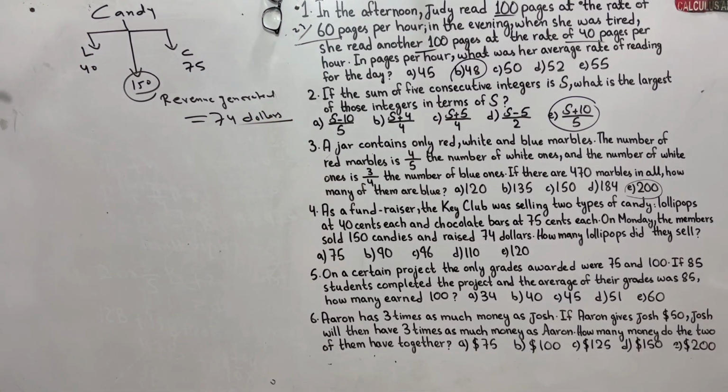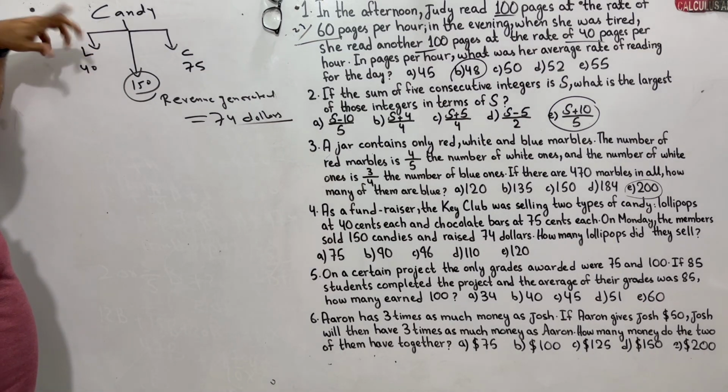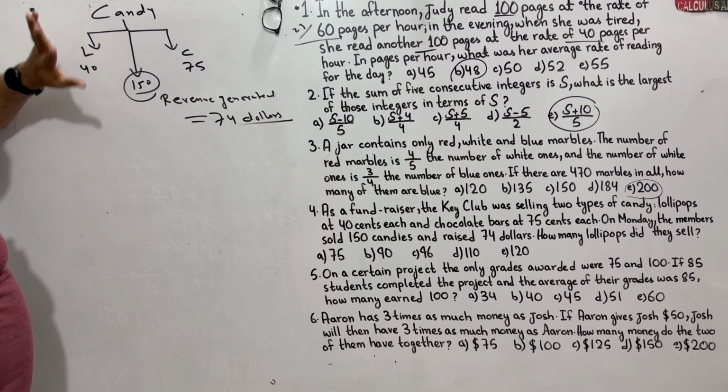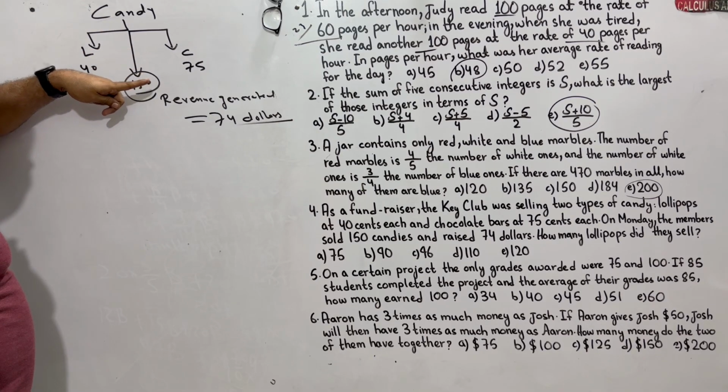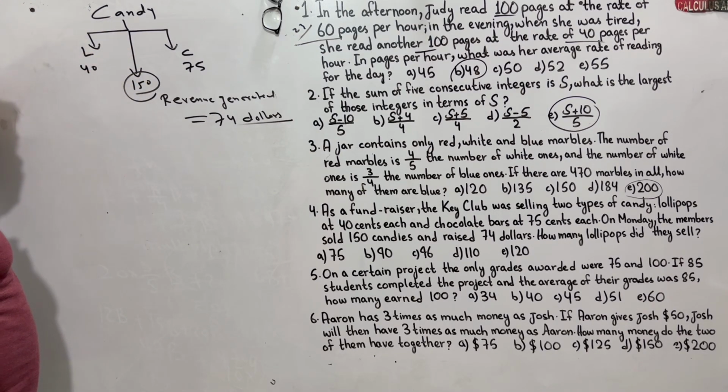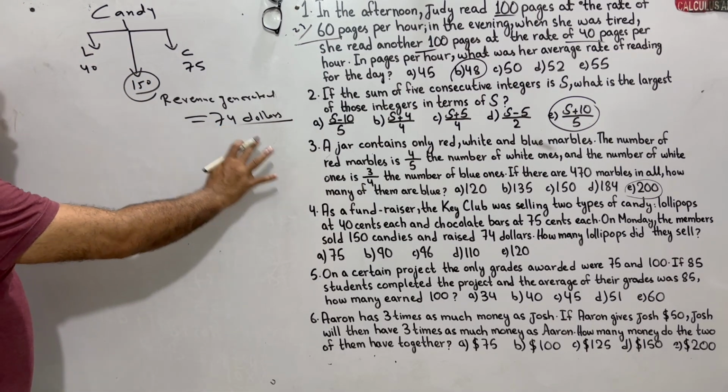There are two types of candies only, lollipop at 40 cents each and chocolate bar at 75 cents each, and the total revenue is 74.